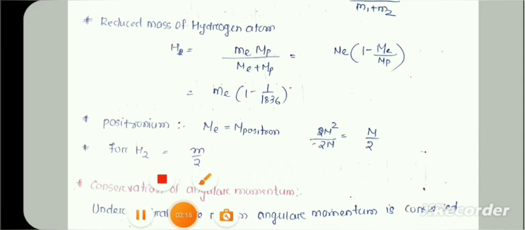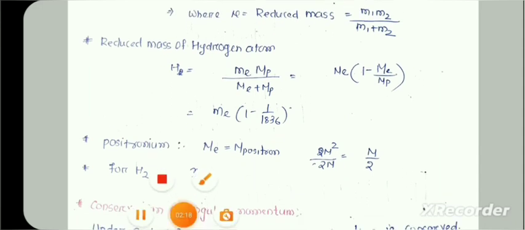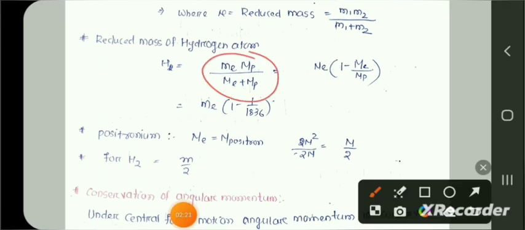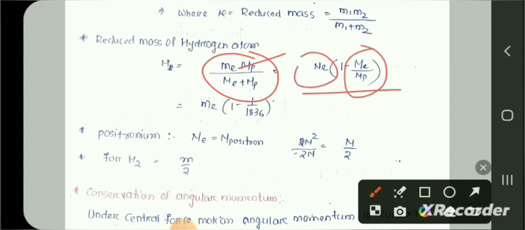The reduced mass can be calculated by the formula m1 m2 divided by m1 plus m2, where me is the mass of the electron and mp is the mass of the proton. If we take me common, we get 1 plus me divided by mp, and we know that the ratio me divided by mp is 1 by 1836. So this is our final reduced mass of the hydrogen atom.